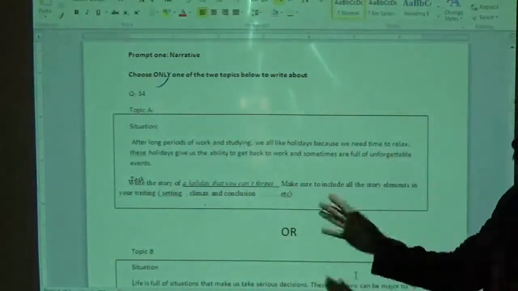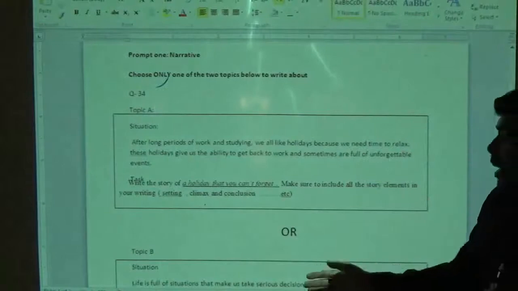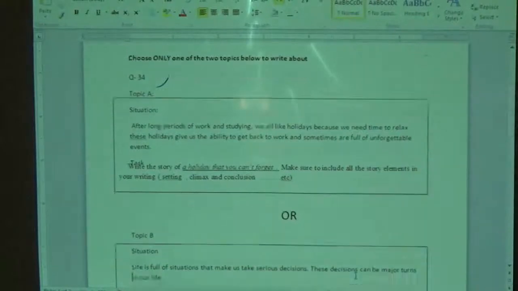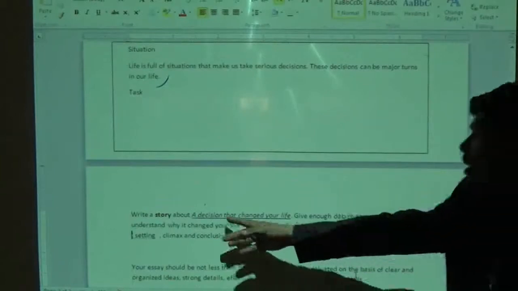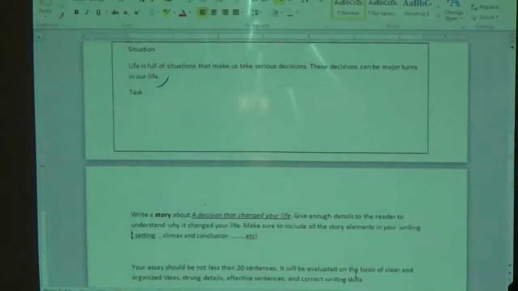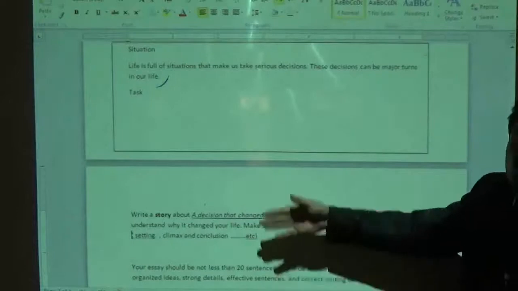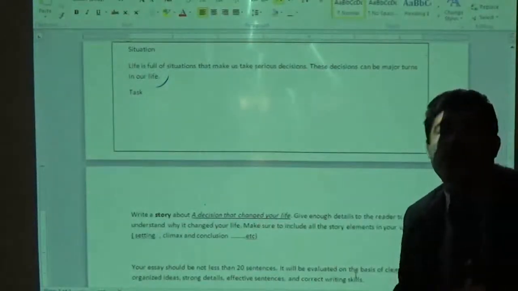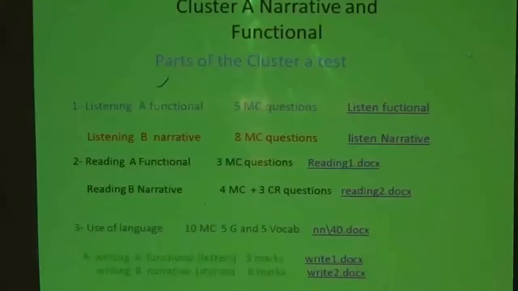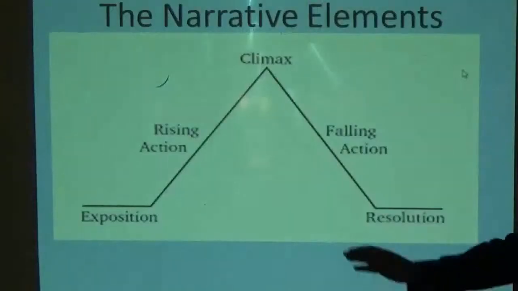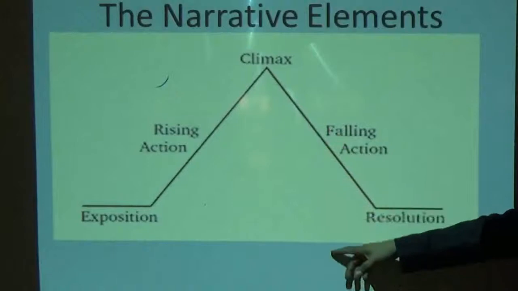Something happened to you and you cannot forget it. It's unforgettable. And you have another topic like this: write the story about a decision that changed your life. And you are going to choose one of these two stories to write about. Okay? And finally, this is very important in writing your story.